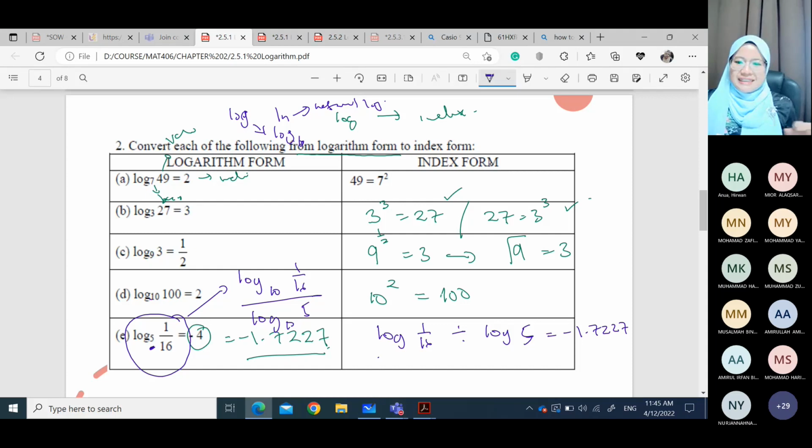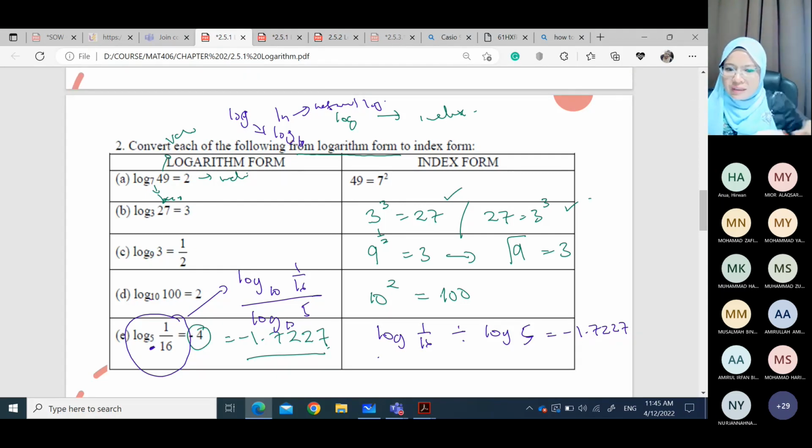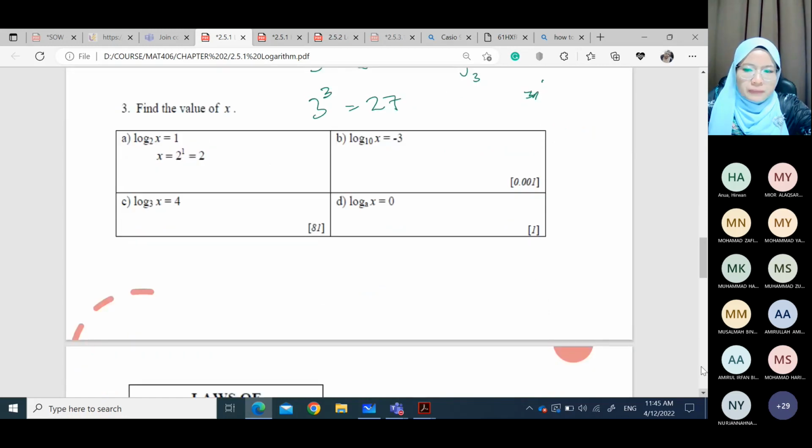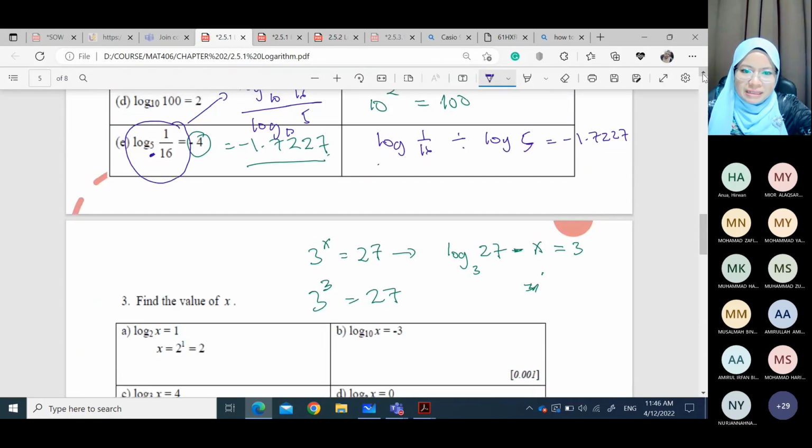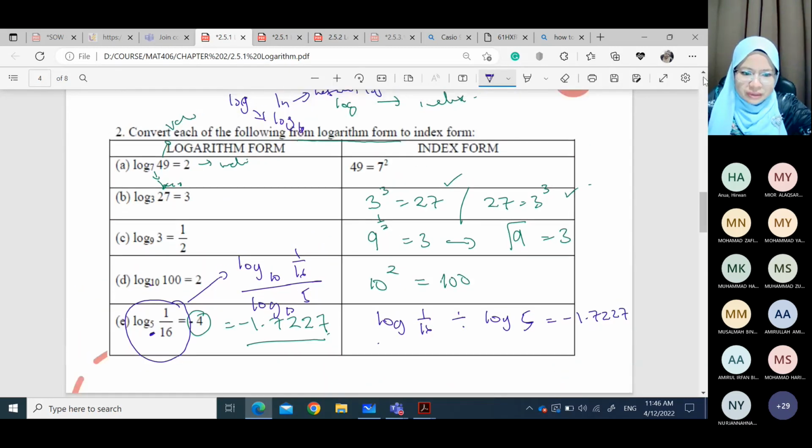Alright, boleh kita teruskan? Ada soalan tak untuk guna kalkulator? Tak ada. Right, kalau tak ada kita teruskan. Daripada indeks ke log, boleh guna kalkulator?